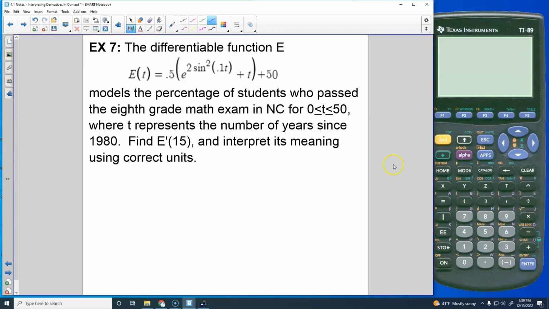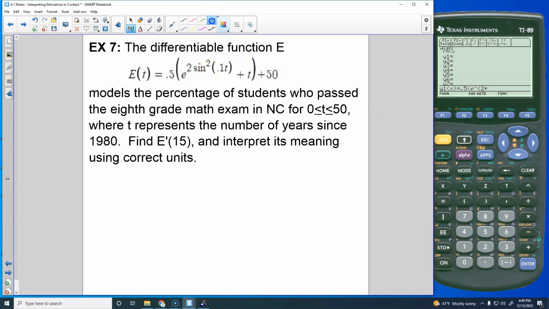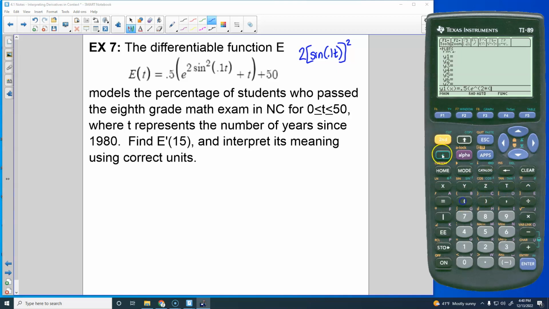This would be one that would be calculator active. So we'll go over to our calculator and let's type in this function. So we got 0.5 times e to the 2 times, now this is tough to type in here, because when we got sine squared of 0.1t, that is like having 2 sine of 0.1t squared, and that's how we have to type it into the calculator. So we're going to put some parentheses here.